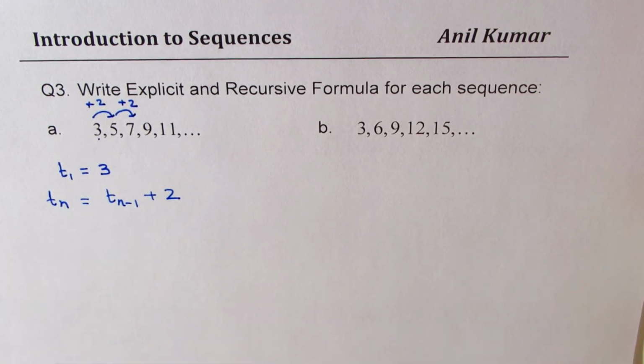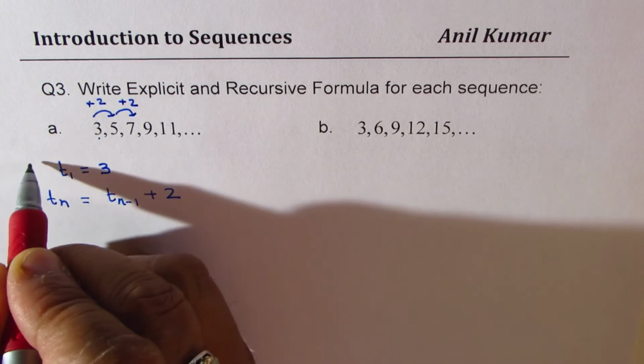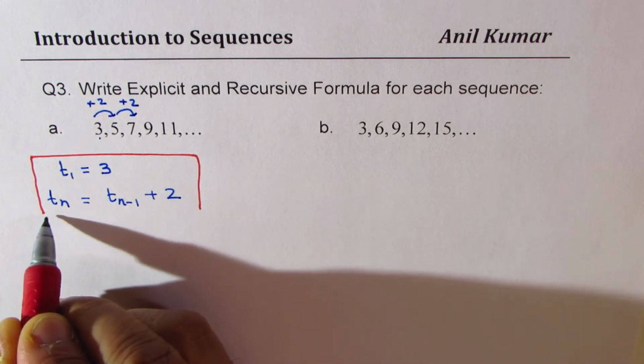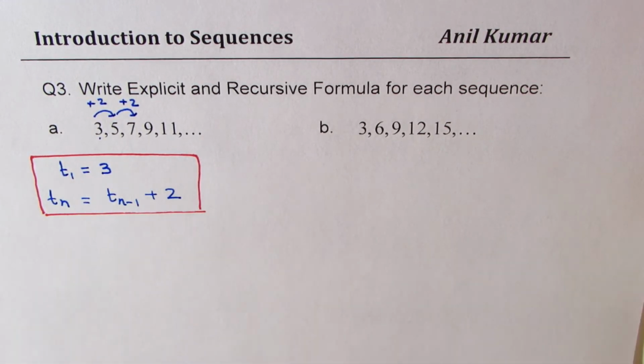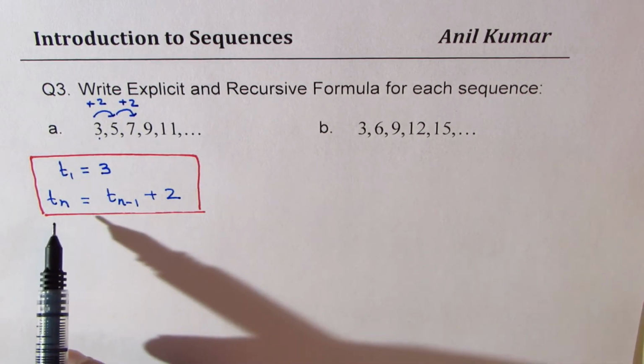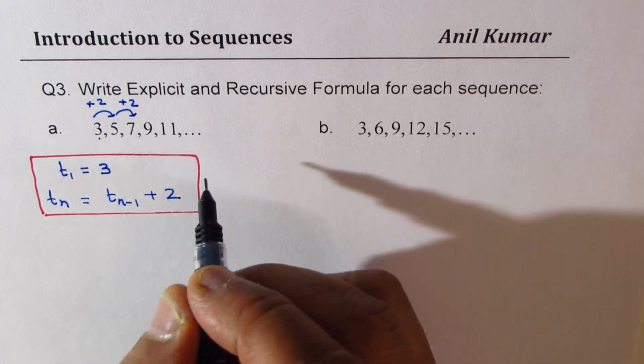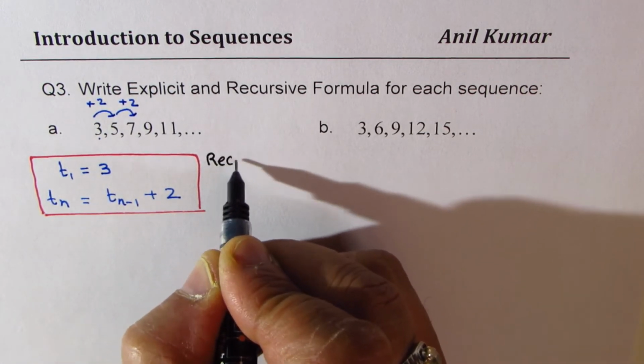So that becomes our recursive formula. Right? So recursive formula will include both the things: the first term, which is 3, and then what we do on that term to get the next term. So this is our recursive formula.